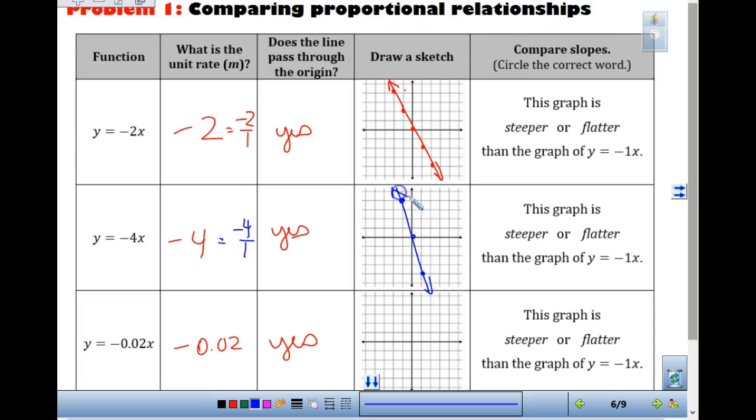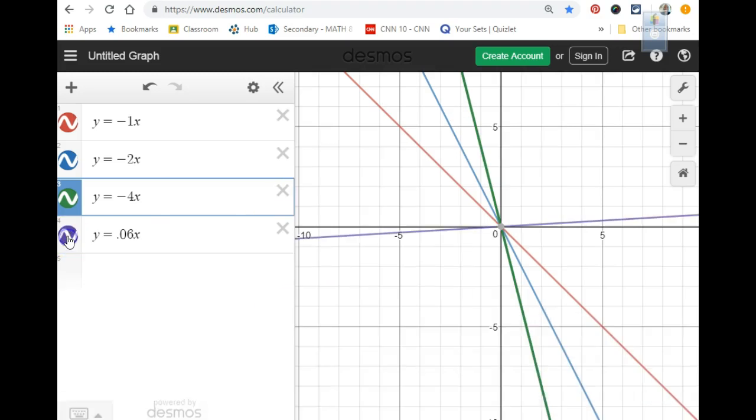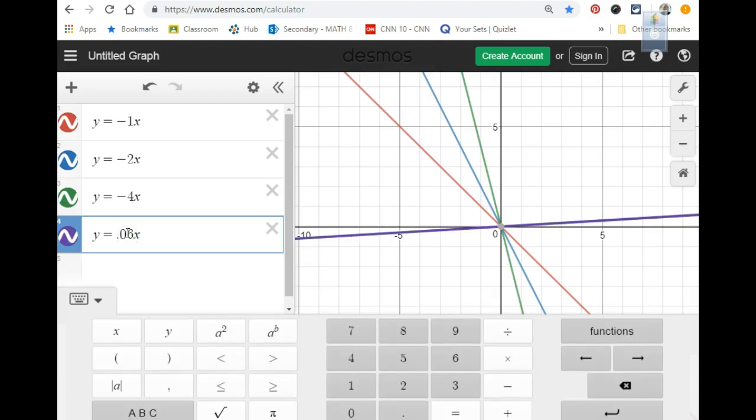and then what's going to happen with that last one? It's going to be way flat, right? Because it's almost close to 0. So put it in your equation on your graphing calculator and check that, okay? Almost on top of 0, right?